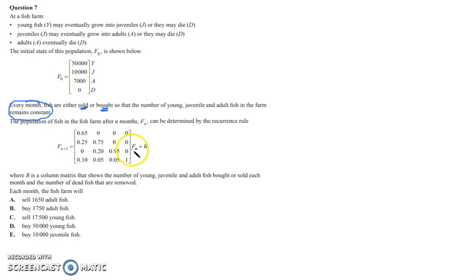So let's put this matrix and the initial state matrix of F0 into our CAS calculator and multiply these together.